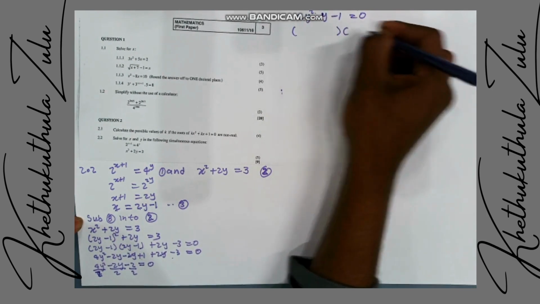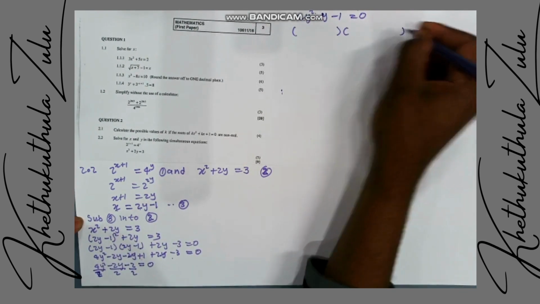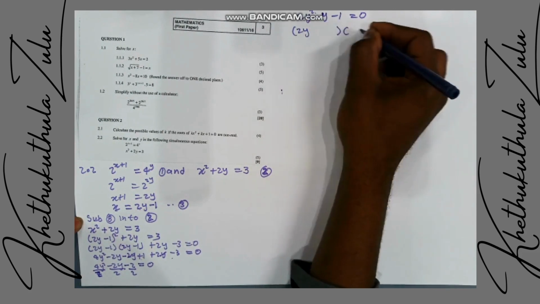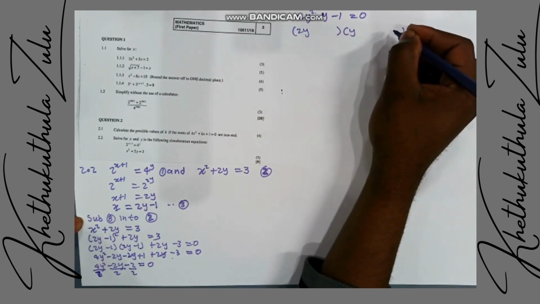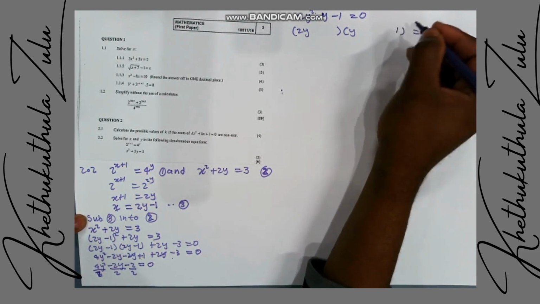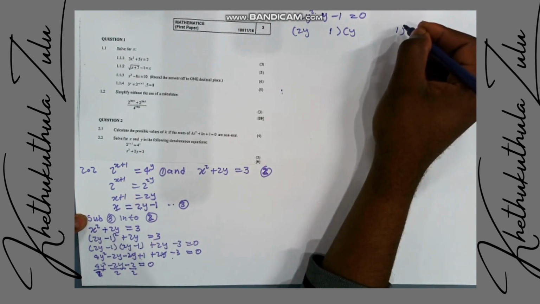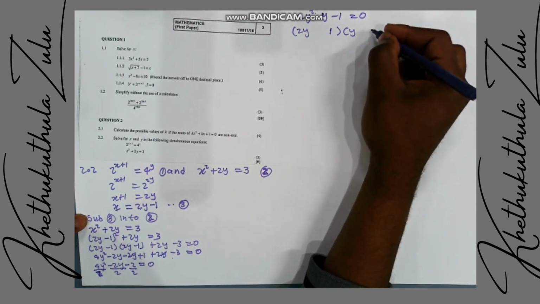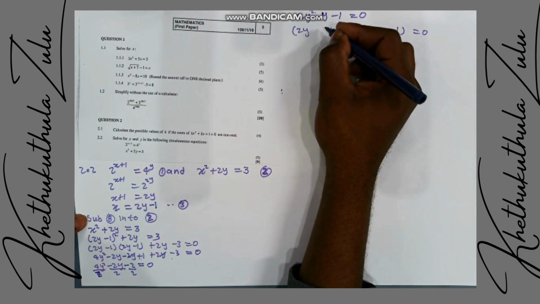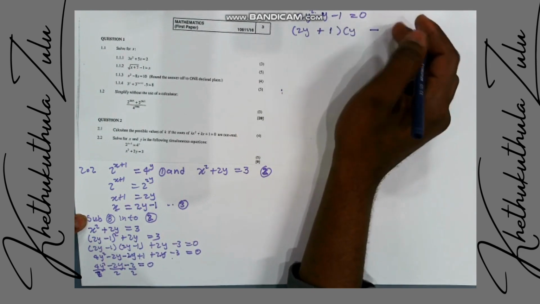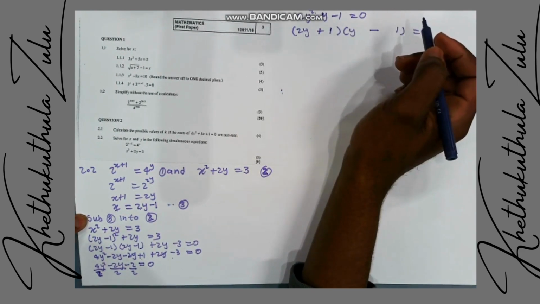From here we can factorize this. We're just going to have 2y and y, and then we're going to have 1 and 1, and most important, the signs are going to be negative and positive, so that this times this gives us negative 1.